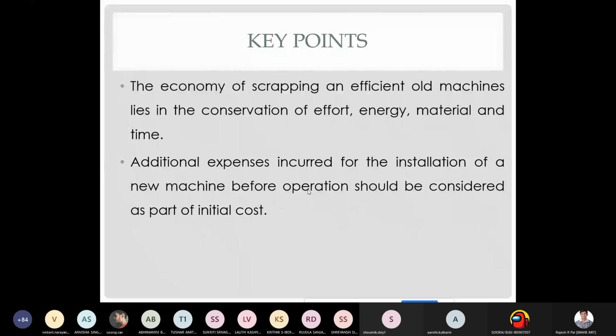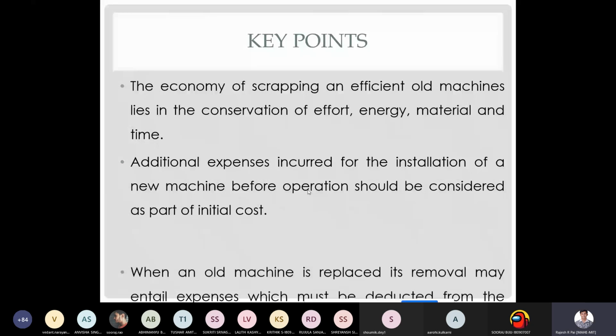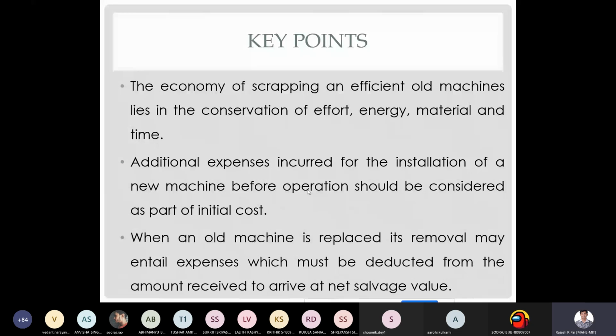Okay, likewise, when an old machine is replaced, its removal may entail expenses which must be deducted from the amount received to arrive at a net salvage value. So if the company decides to replace the existing machine with that of a newer one, at that time the company has to spend some more expense or cost to remove that machine from the foundation or from the fixtures.